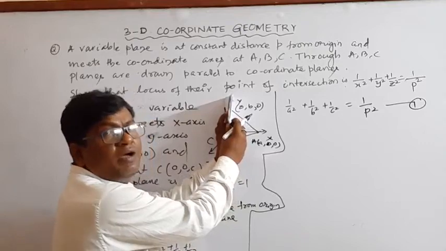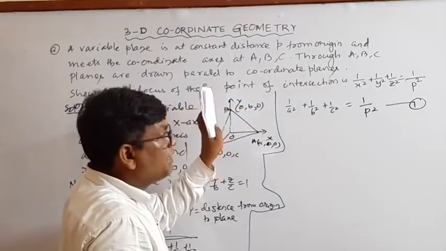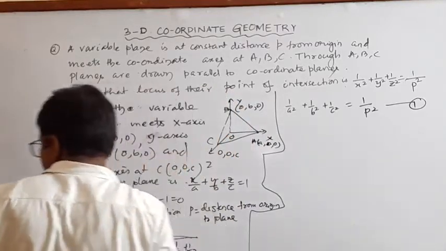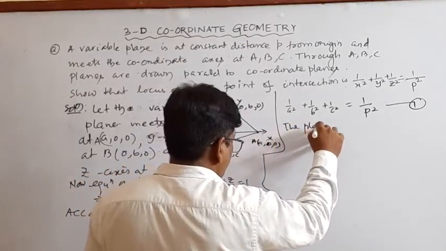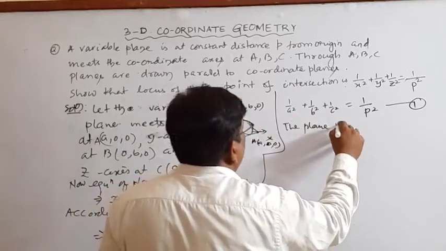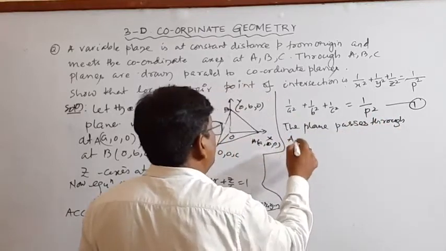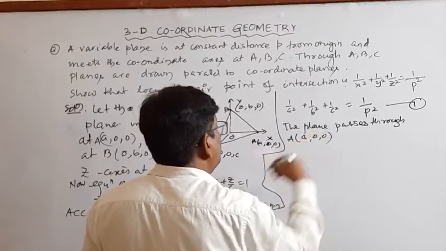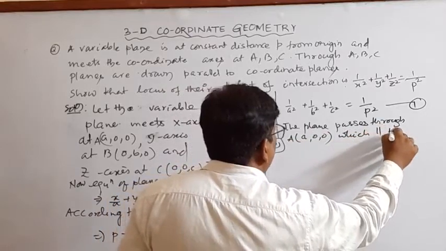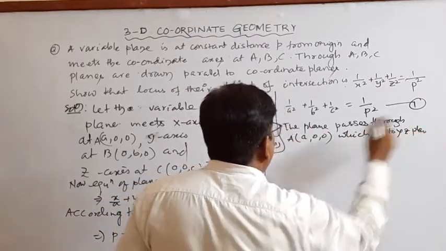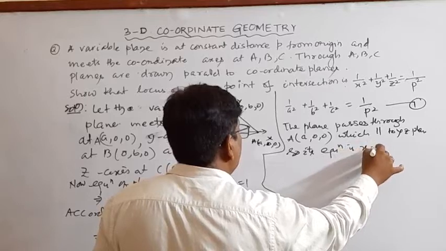The plane passes through the point A (a, 0, 0) and is parallel to the yz plane. So its equation is x is equal to a.